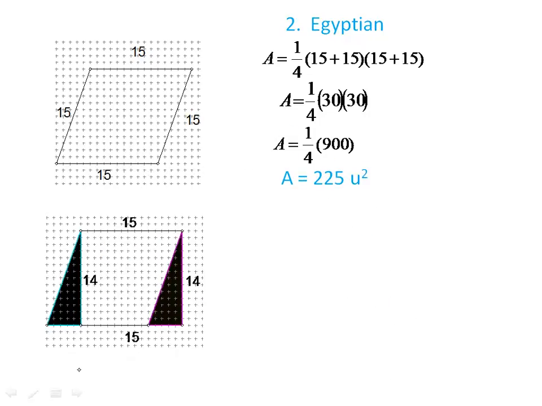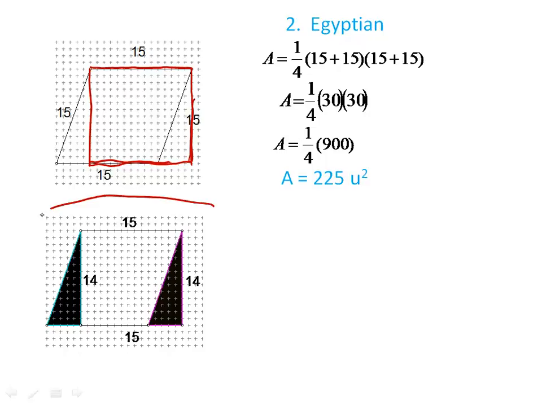And here's one thing that you can do to make a comparison. We can cut this right triangle off of this side and then add it over here to this side. And this way we can make a rectangle. So we can use our rectangle formula, and it's a little bit easier to see what the area is.